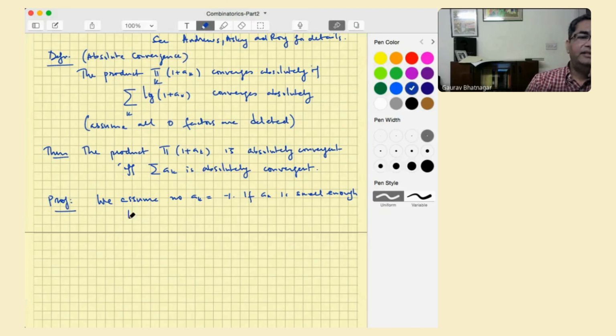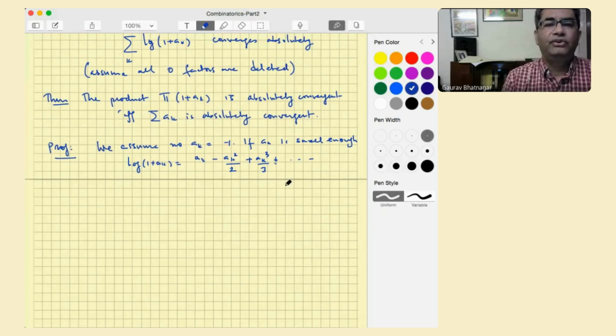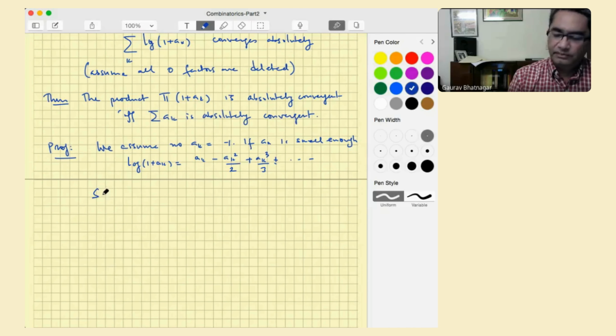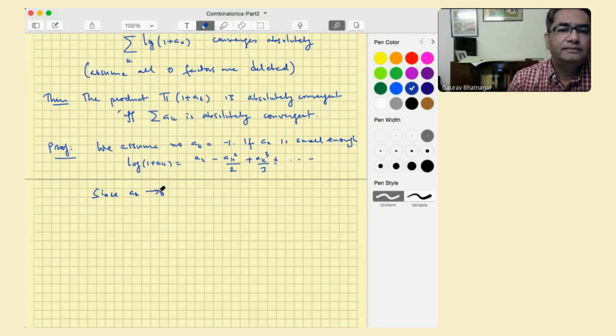If a_k is small enough, then we have this power series expansion, which we will use. Okay. So this is valid for absolute value of a_k less than 1. Power series expansions you have done, right? You just said you've done analytic functions in complex analysis.